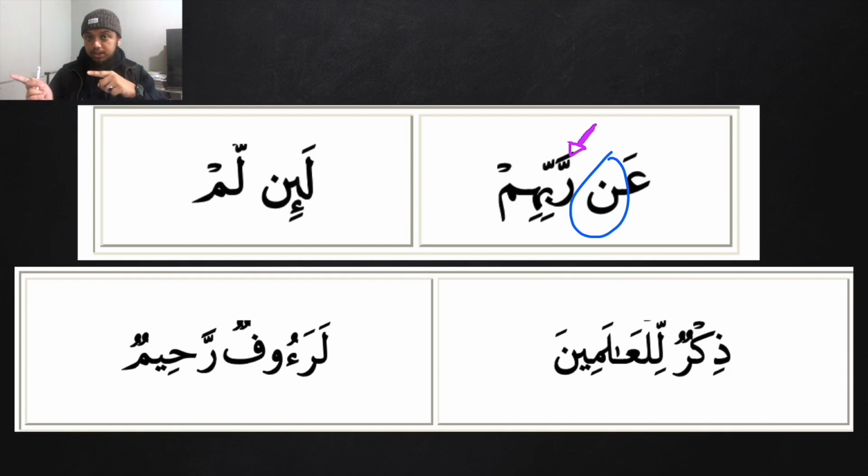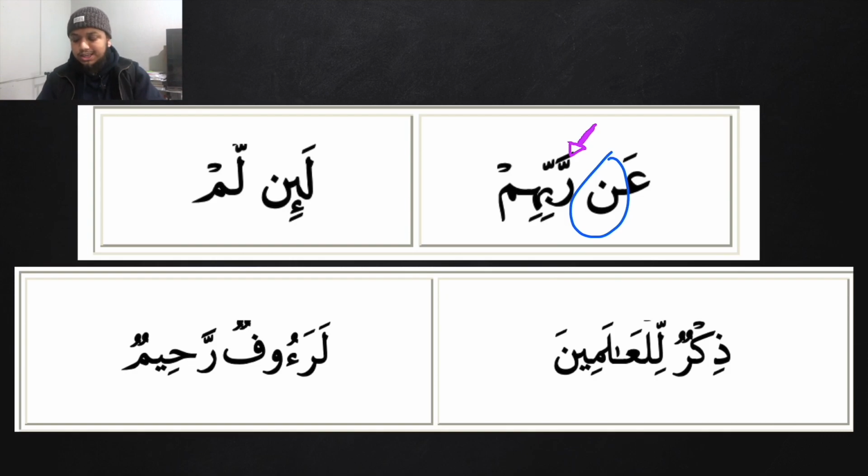Instead, we have a noon sakina followed by a ra. So we will do idgham without ghunna. We will read it as one single letter without ghunna. So it is not an rabbihim, it is ar rabbihim.